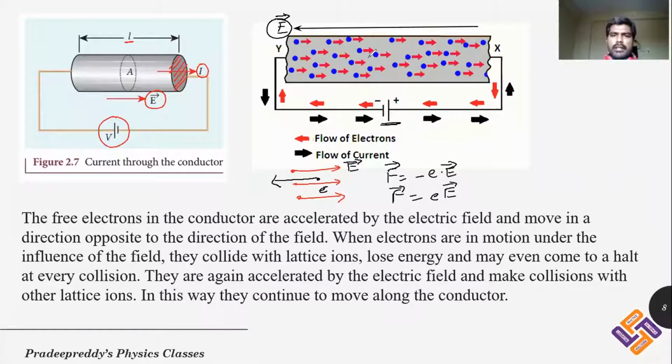And as we know that electrons are negatively charged particles, electrons are moving in which direction? Electrons are moving right side. Remember, we have electron current here and the other one is conventional current.